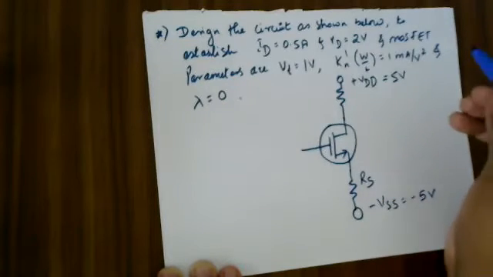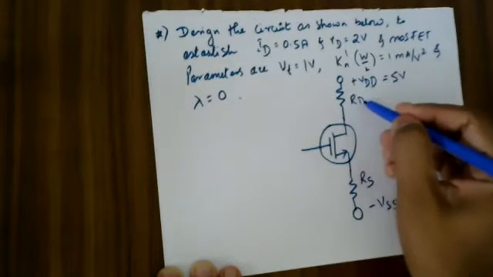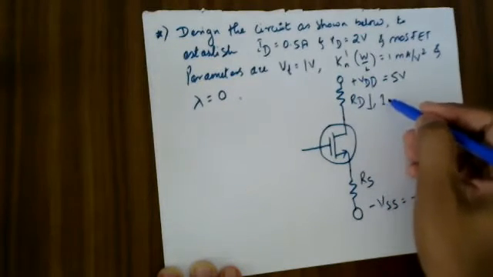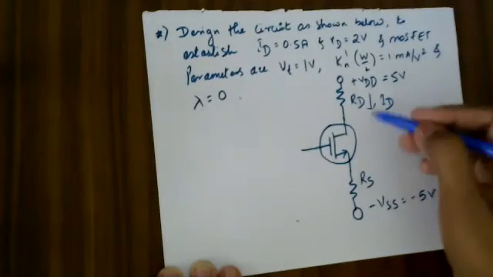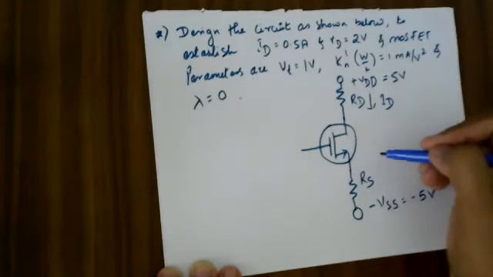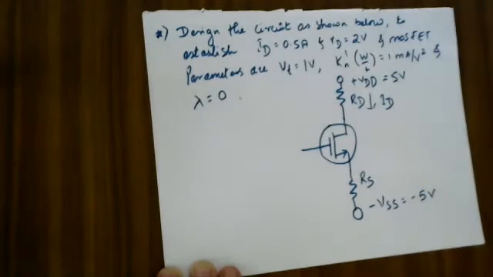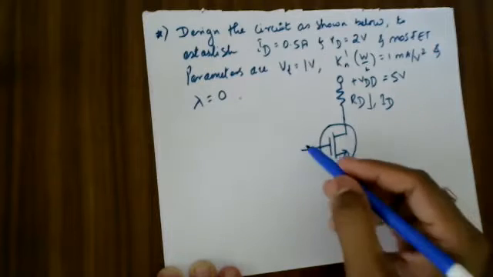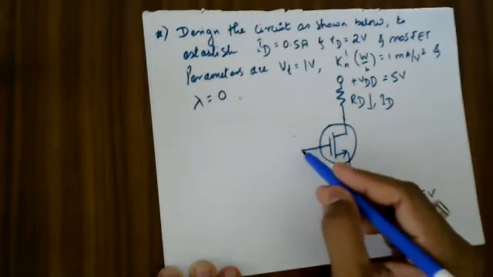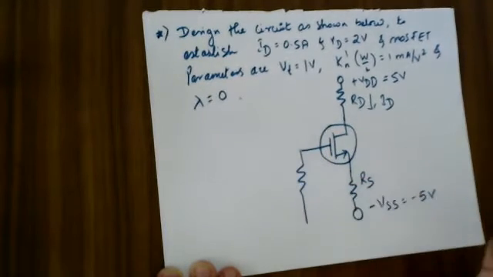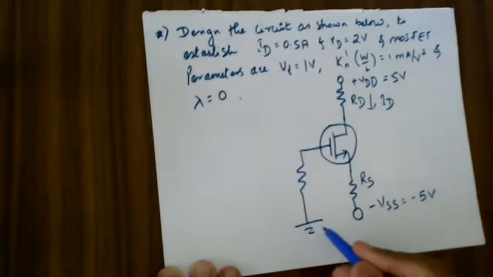RS we have to compute, RD we have to compute. The current that flows through the MOSFET, the drain current, is shown like this. Then next I have to represent the gate resistance. The gate resistance is over here.